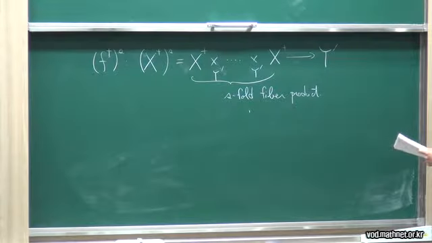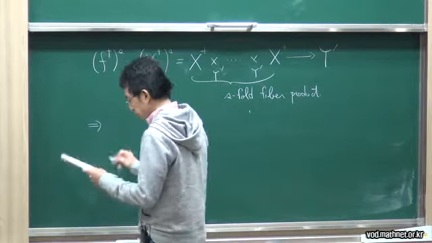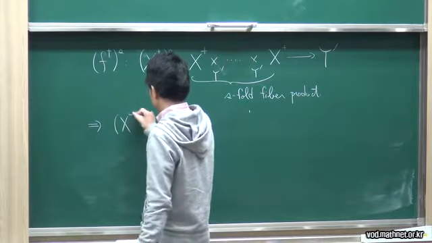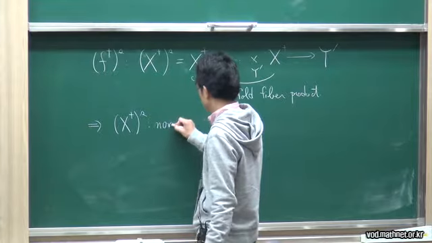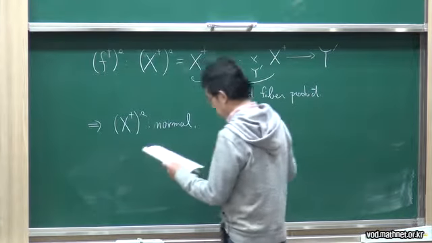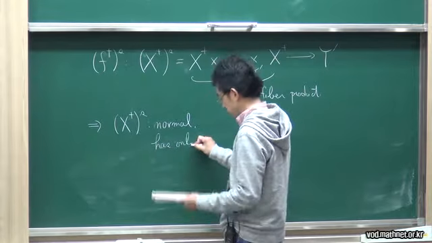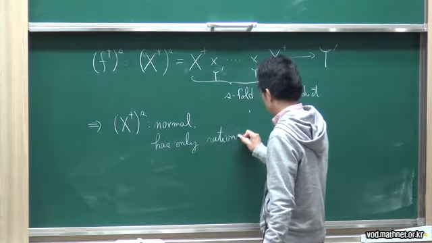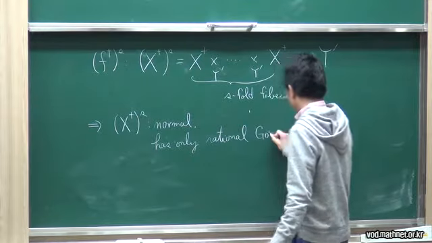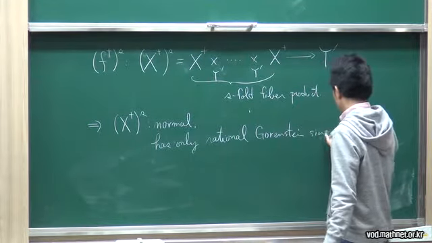In this case, we can check X dagger^s is normal and has only rational Gorenstein singularities.